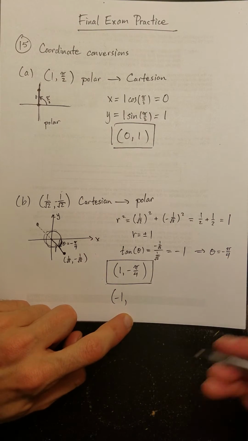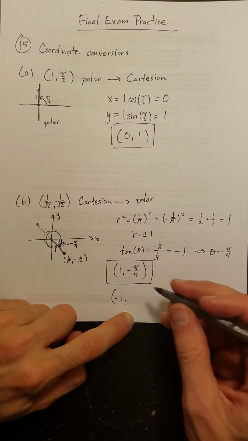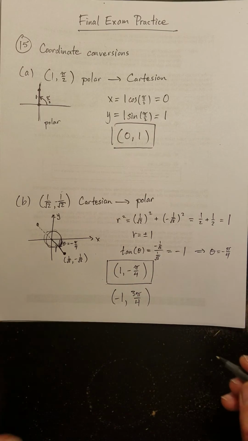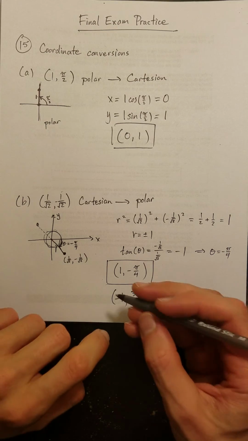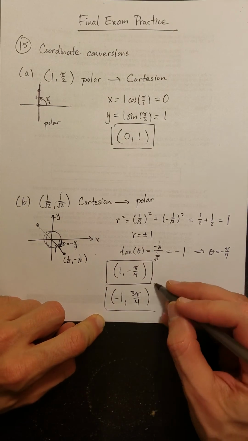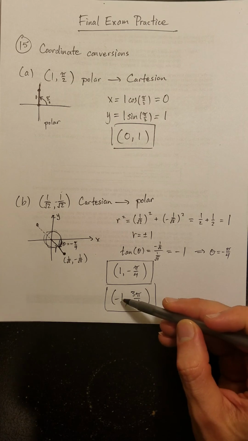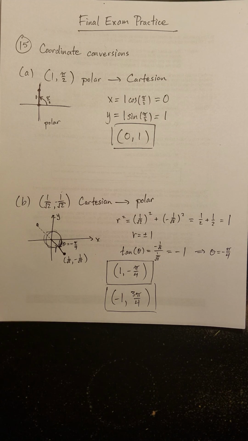I can just say that I add pi to it. It honestly doesn't matter which way you go. So 3 pi over 4 would be the appropriate angle here, adding pi to negative pi over 4. So either way, you could go with either one of these answers, positive radial component or negative radial component. All right, and that's problem 15.